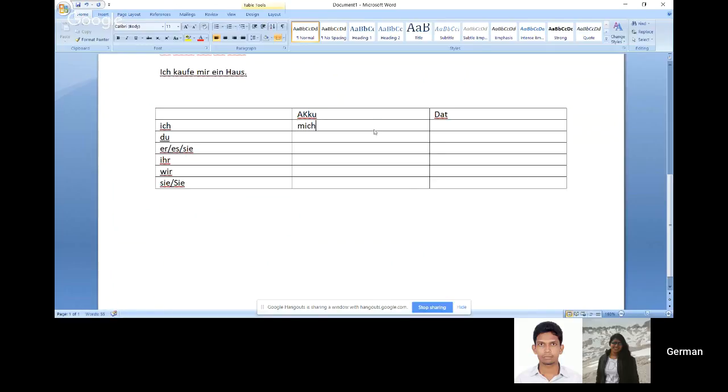Ich becomes mich, and in dative it becomes mir, meaning the both same, that is myself. Du becomes dich, again yourself, and in dative it becomes dir. Er, sie, es becomes sich, that means himself, herself, or itself. And in dative also it remains sich.